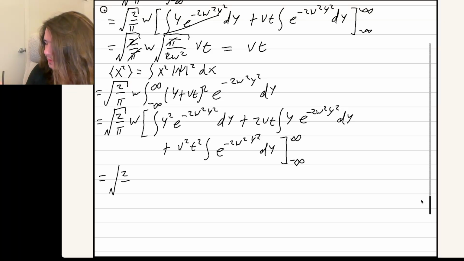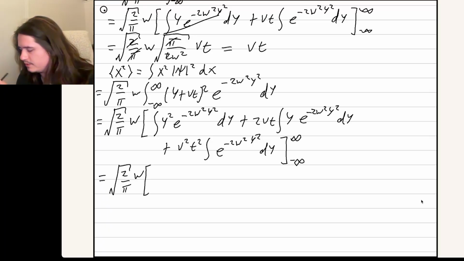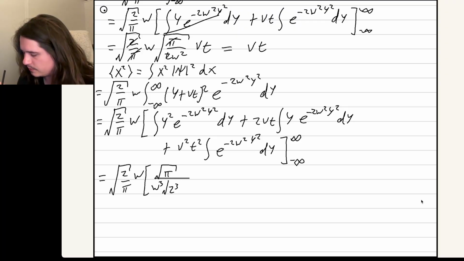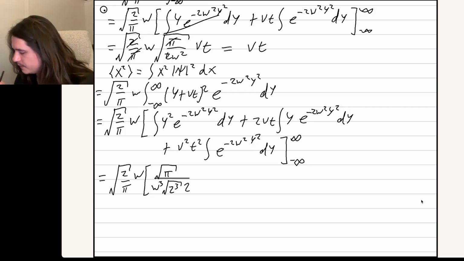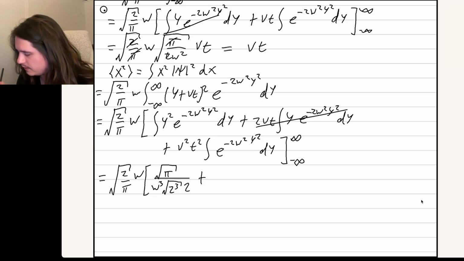I'm kind of bad at the y squared integral, but it is just another Gaussian integral. It has a standard solution of root pi over, it's going to be w to the third, root 2 to the third, and then over 2. And then this evaluates to 0 because it's odd again.